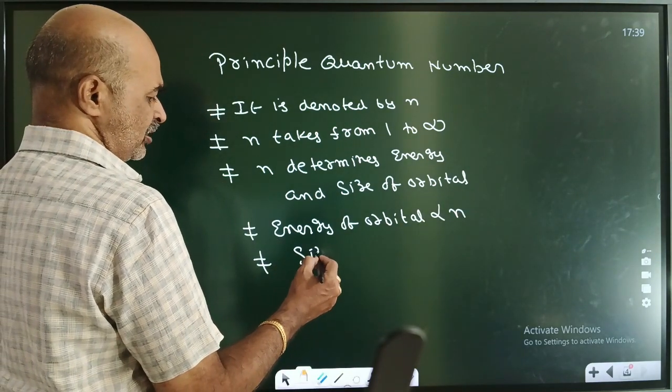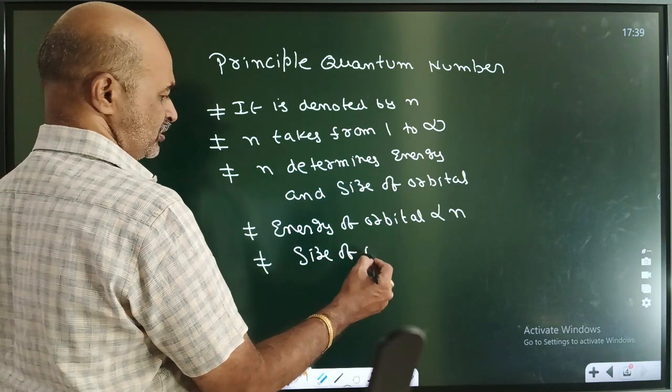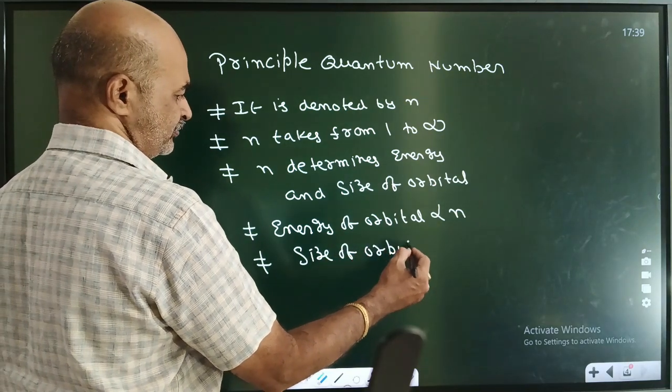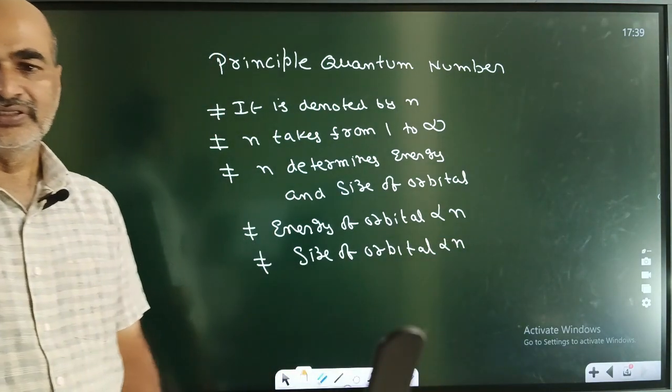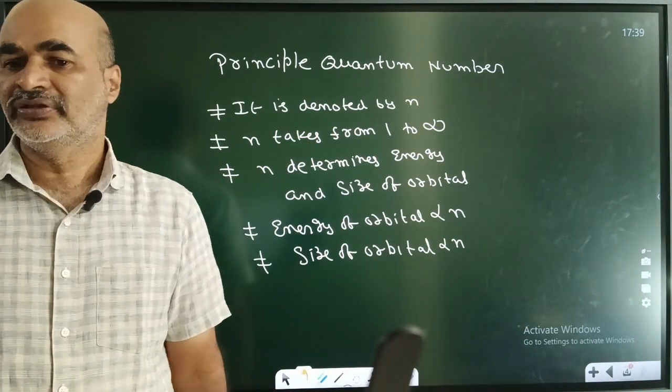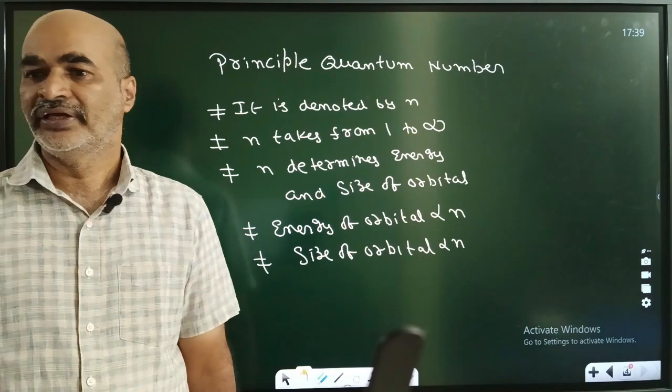The size of an orbital is also directly proportional to n.